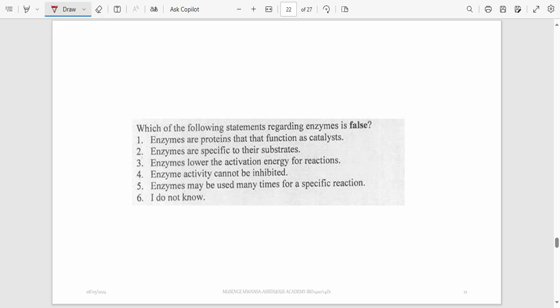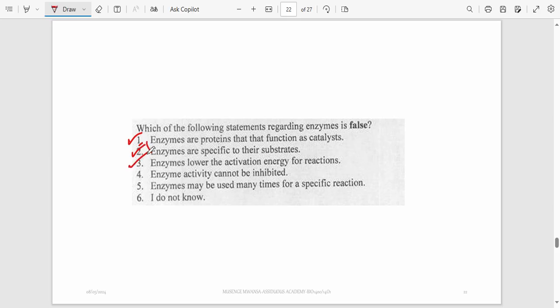Let's start with option 1. Is it correct or wrong? Okay, 1 is correct. How about 2? Enzymes are specific. Is also correct. How about 3? 3 is also correct.